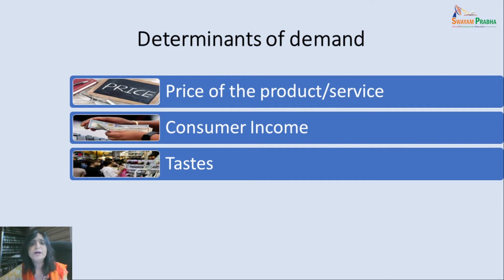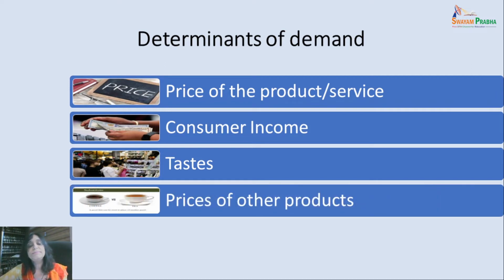You are looking for a car, the same company may have 10 different models. Whether you like it or not will depend on the tastes and preferences of your consumer. If consumers like something, they would demand more of it. If they don't like it, they will demand less of it. So it's a qualitative factor which has an impact on demand.